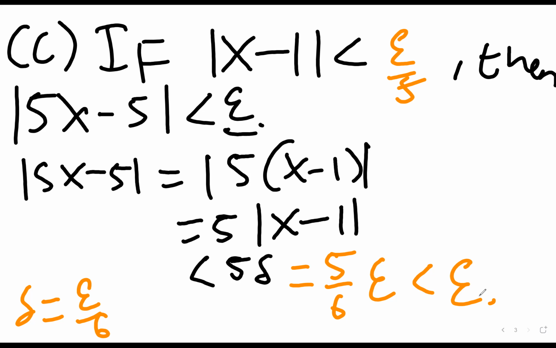So the answer will be any positive number, of course, smaller than epsilon over 5. You can take epsilon over 7, epsilon over 13, epsilon over 11, for example. Any number will do the job. Greater than 5, under 5 times the absolute value of x minus 1.